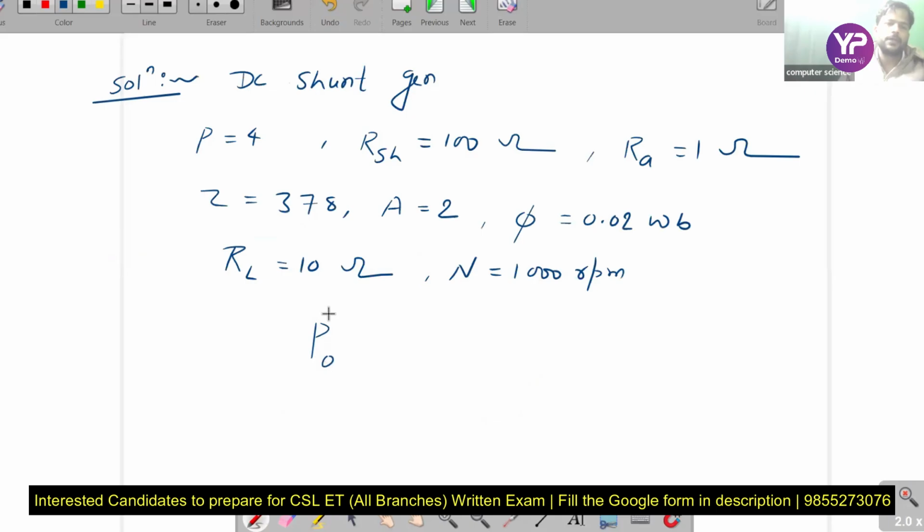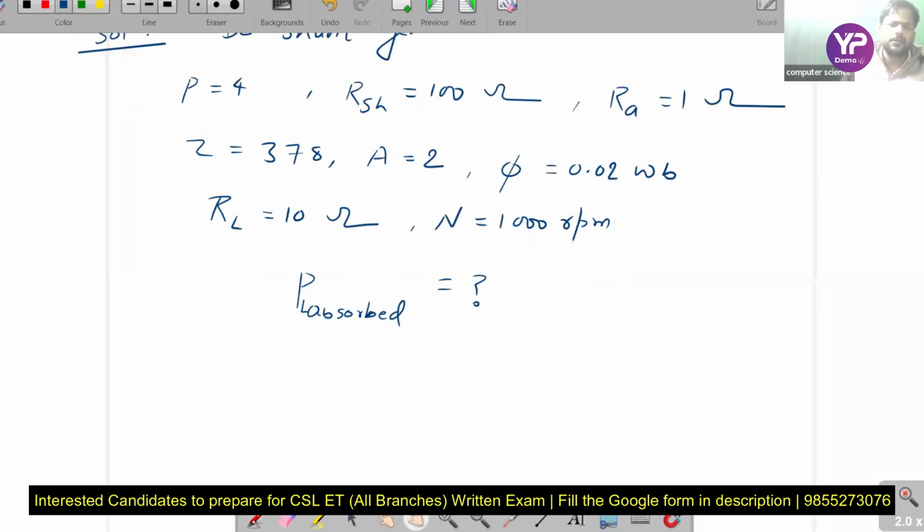Here we need to find the power absorbed by the load. To find it, we first of all need to draw the electric circuit.